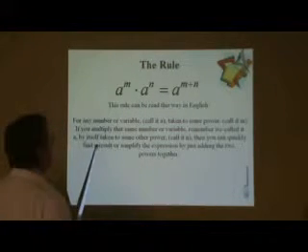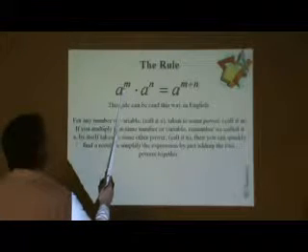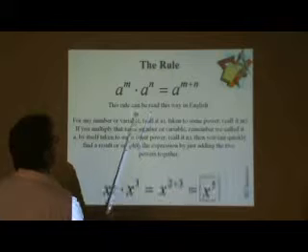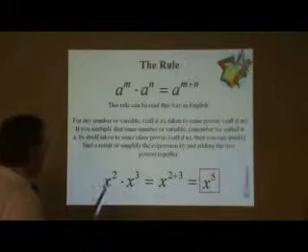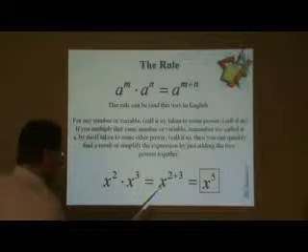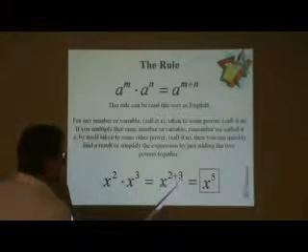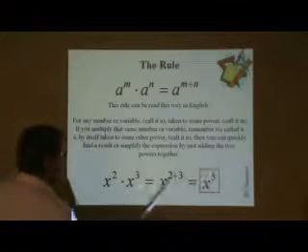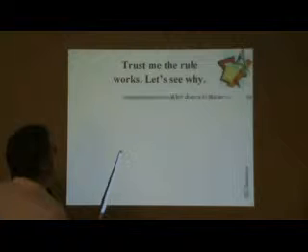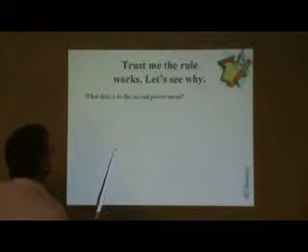That's all you have to do. Look at that number, add it to that number, and you'll get a result. That'll be your final answer. For example, x to the second power, x to the third power, we get x to the power 2 plus 3, and that equals 5. 2 plus 3 is 5. Boom!